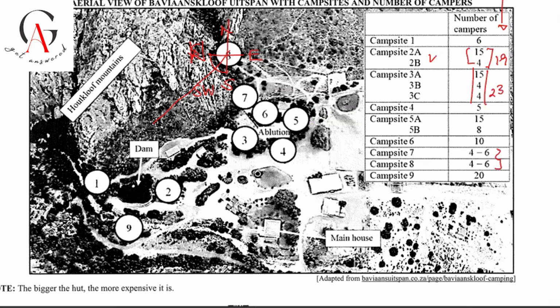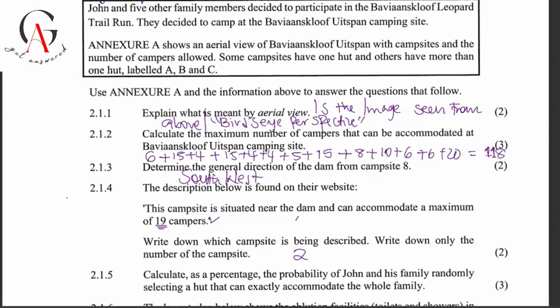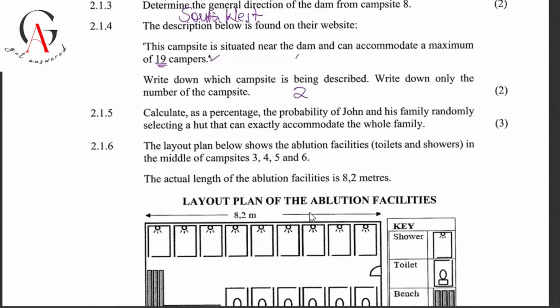Out of 9. The probability is 1 out of 9. They said as a percentage, so we multiply 1 out of 9 by 100.